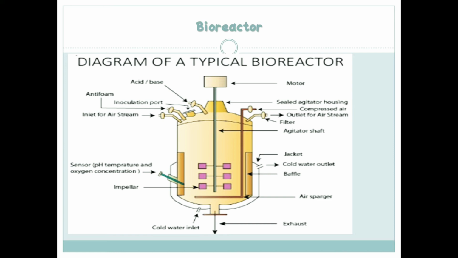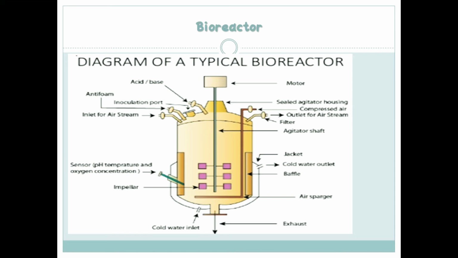The head plate covers the top of the vessel of the bioreactor. The stirrer shaft seal holds the stirrer and head plate. The acid or base probe and a flow are used to add acid or base during the fermentation process.